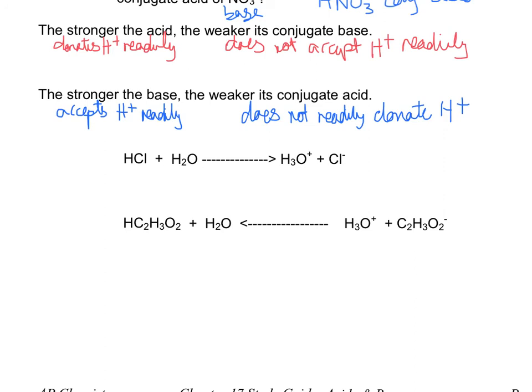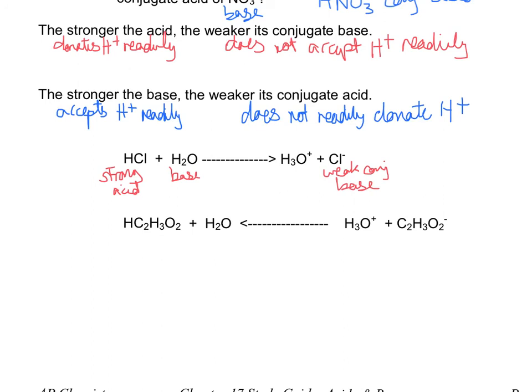So for example, HCl we know is a strong acid. In this case, H2O would behave as a base. That means that if HCl is a strong acid, its conjugate is going to be a weak conjugate base.